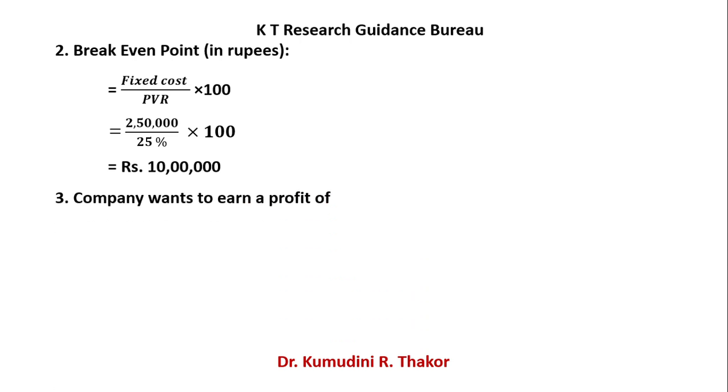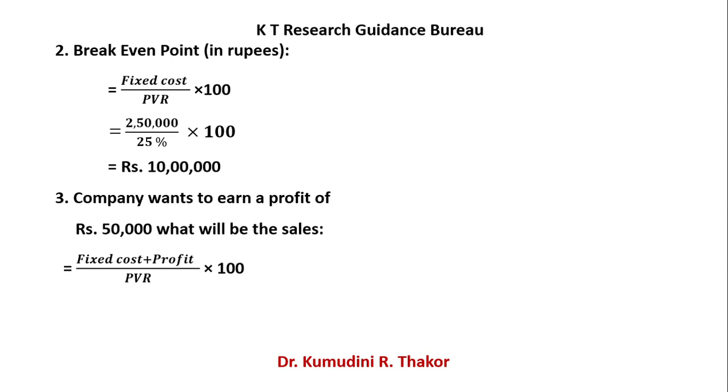Third one is, the company wants to earn a profit of rupees 50,000. At that time, what will be the sales? So our formula is fixed cost plus desired profit by PV ratio into 100. 2,50,000 plus your desired profit of 50,000, by 25, is equal to 12 lakhs rupees.